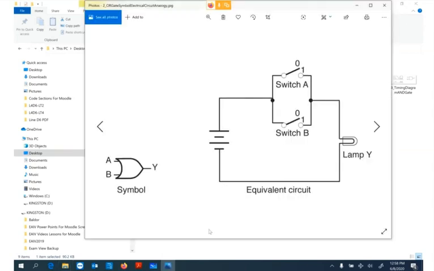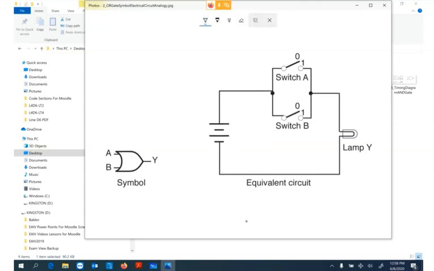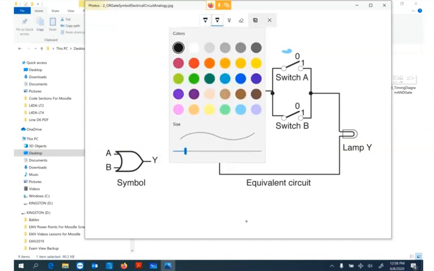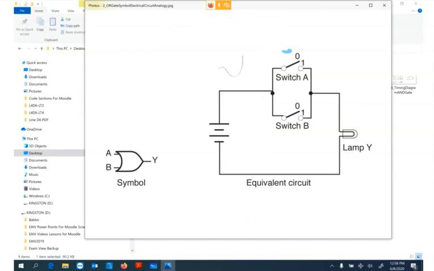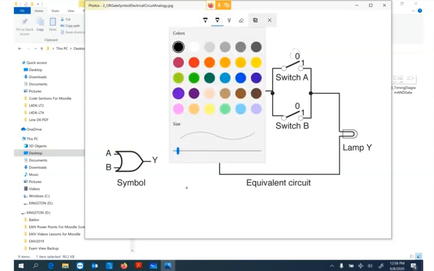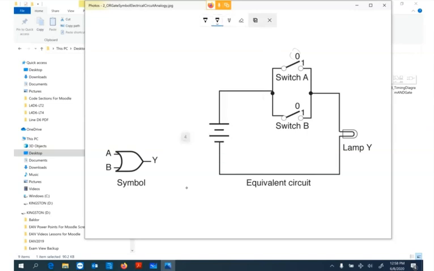For the OR gate, it's like switches in parallel once again. Of course, the 0 up here indicating, let's get a smaller pen here. The 0 here indicating the switch is open.